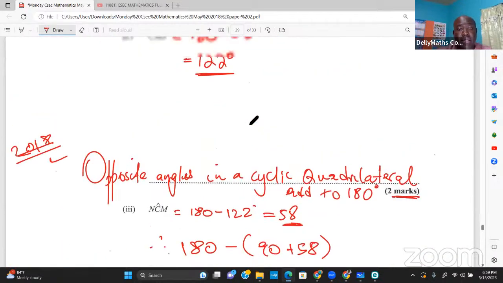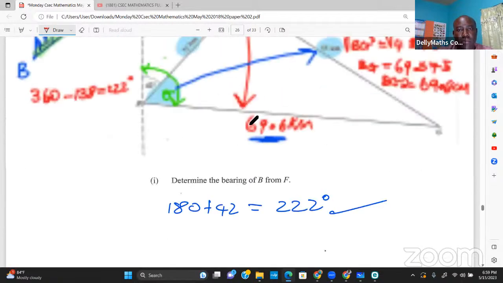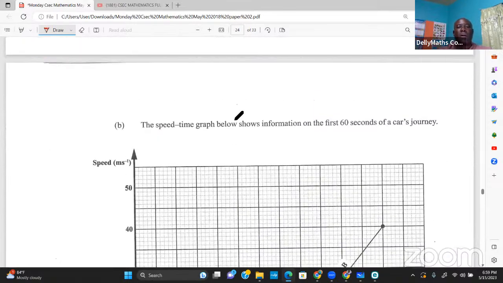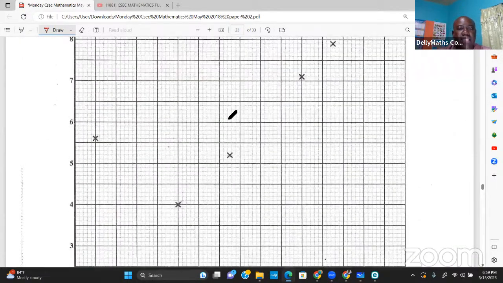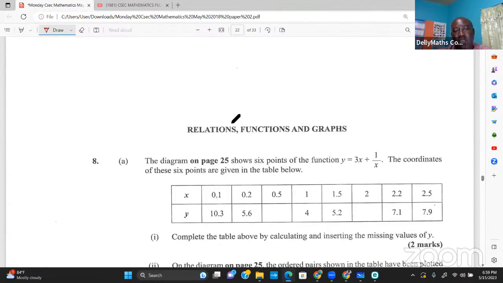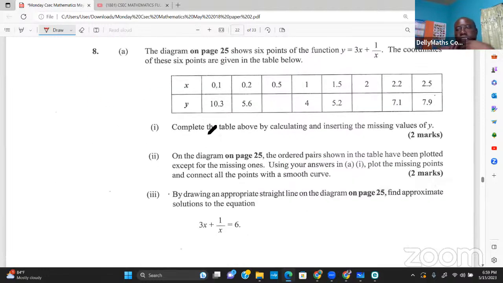All right, number 8. All right, here comes number 8. Number 8 is titled, so it's really titled Algebra, Relation, Function, Graph, right? So there it is.